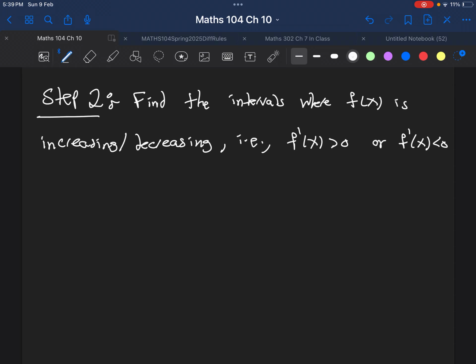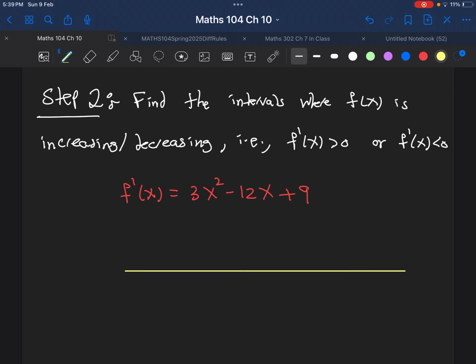We need to know this information. So first of all, let me just write the derivative again because I will use it. It was 3x squared minus 12x plus 9. In the next step, we'll do the number line. And in the number line, you have to tell me what is the sign of f prime of x. The critical numbers are 1 and 3.